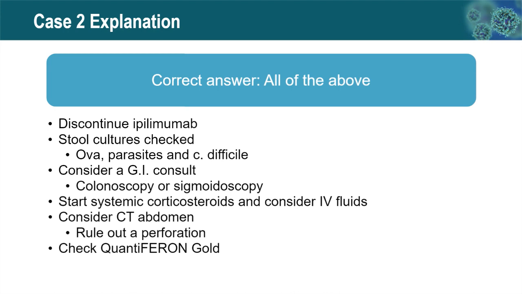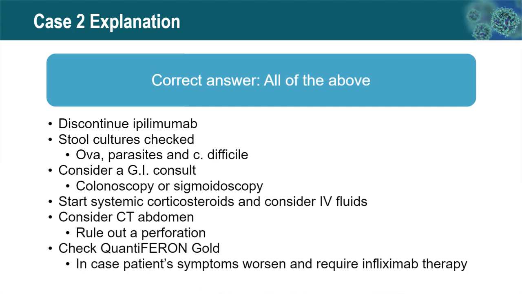This would be to rule out a perforation, and to check a quantiferon gold in case the patient's clinical symptoms worsen in the next 48 hours and they require infliximab therapy. Therefore, overall, the answer is F, all of the above.